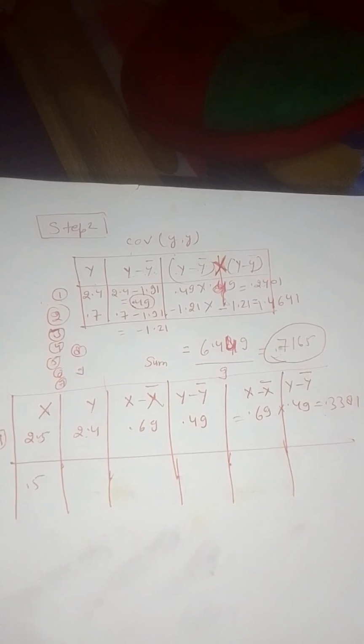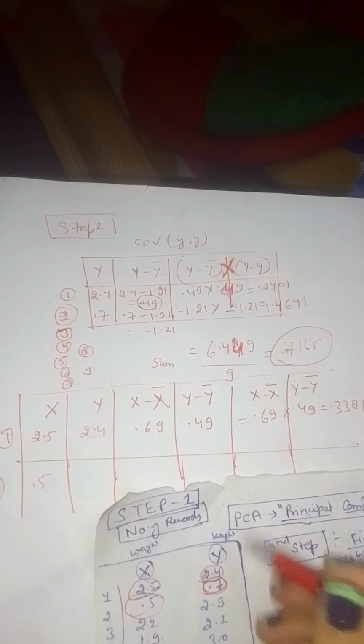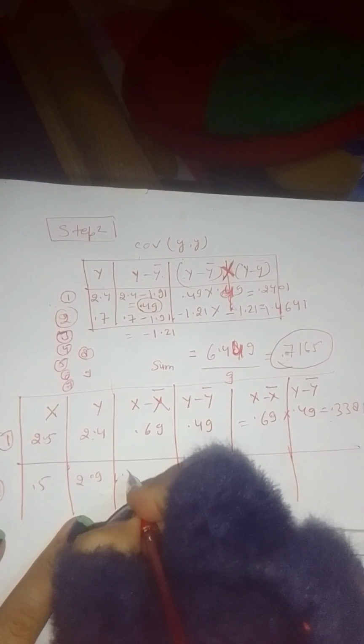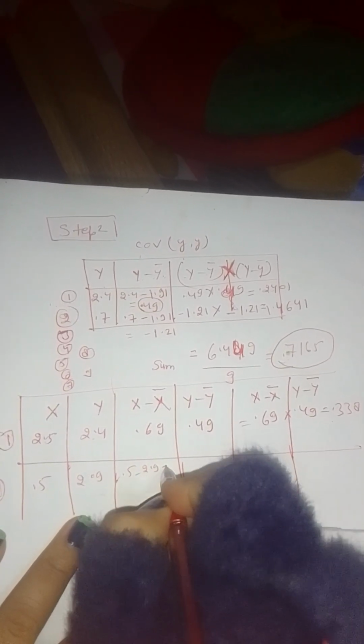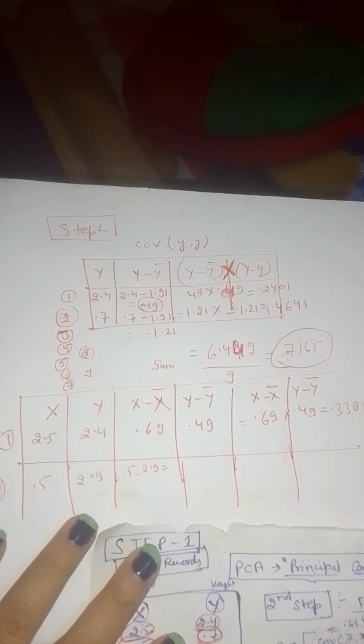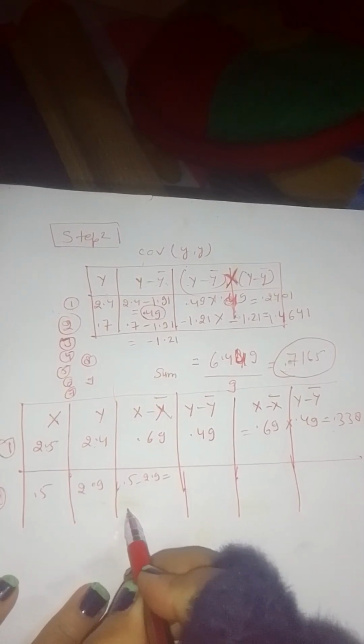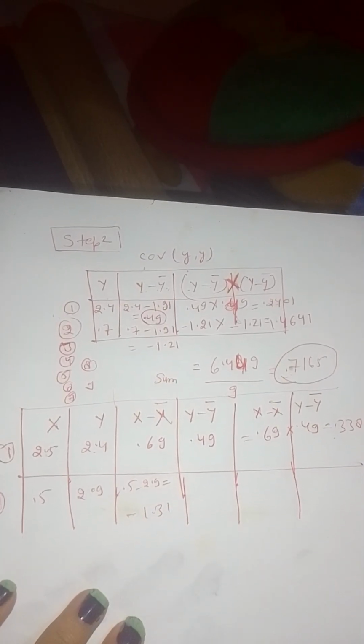And after that, what I was teaching you: x is 0.5 and y is 2.9, and x minus x bar would be 0.5 minus 2.9, it would come as minus 1.31.